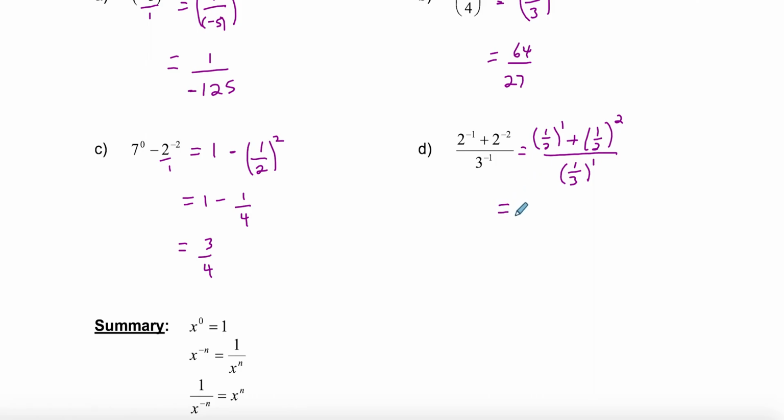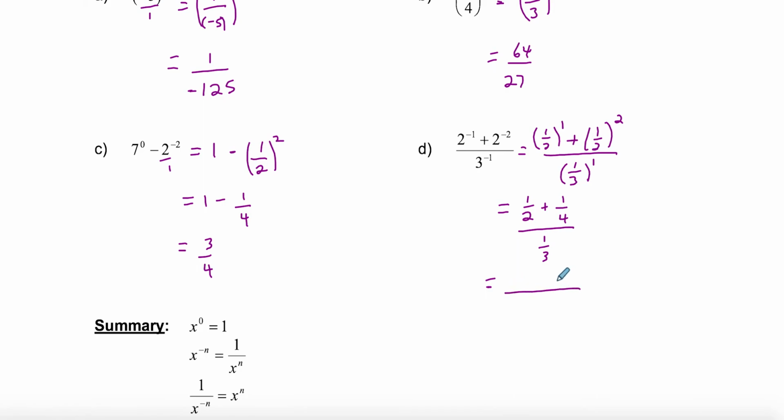Okay, so what are we going to do with that? 1/2 to the exponent 1 is just 1/2, plus 1 over 2 squared is 1 over 4, because 1 times 1 is 1, 2 times 2 is 4. And this is just divided by 1 over 3. Okay, so maybe in the numerator we'd like a common denominator so that we could add them together.